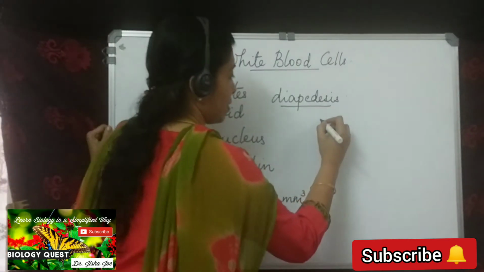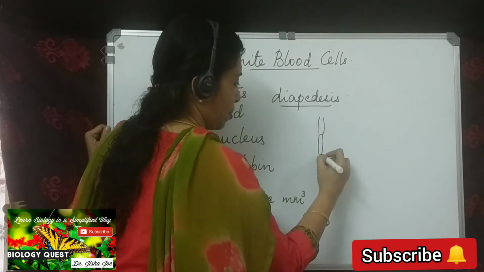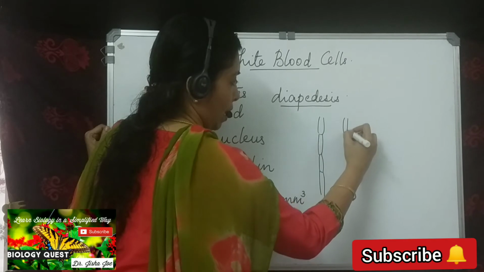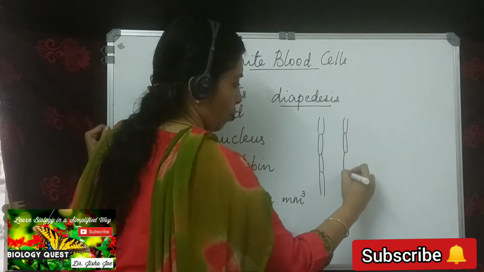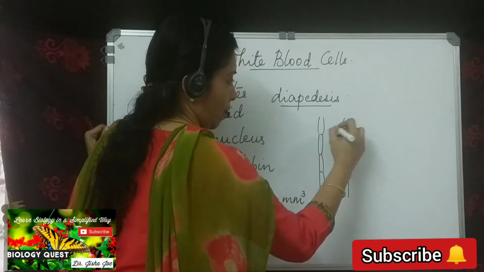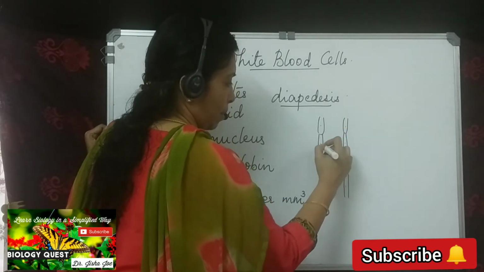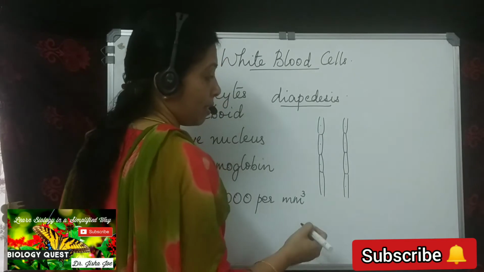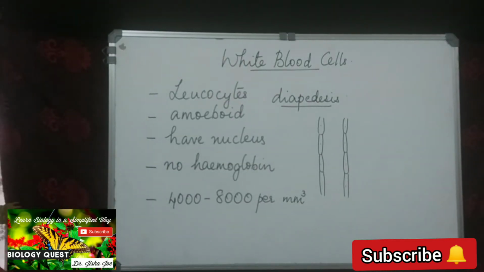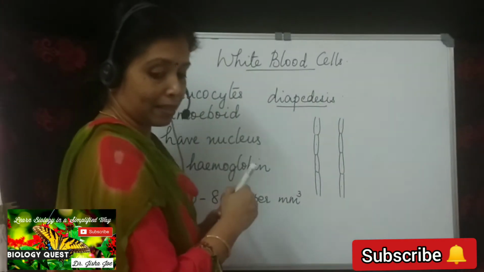So suppose this is the capillary. I'm just drawing the capillary. We know the capillaries are very thin walled, have only one cell thick wall. And you can see the blood flowing through the capillary. It has the plasma in it, it has the RBCs in it, it will have the WBCs and the platelets inside it.